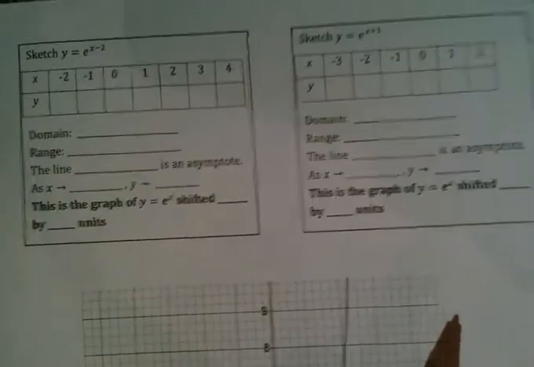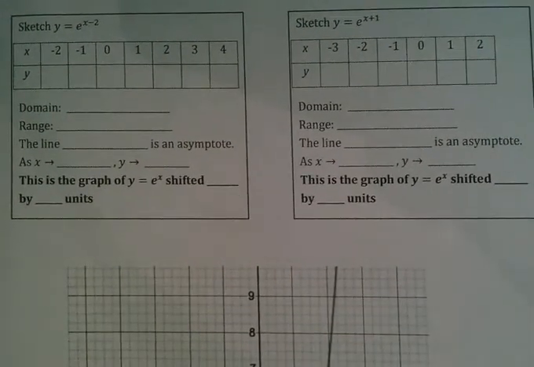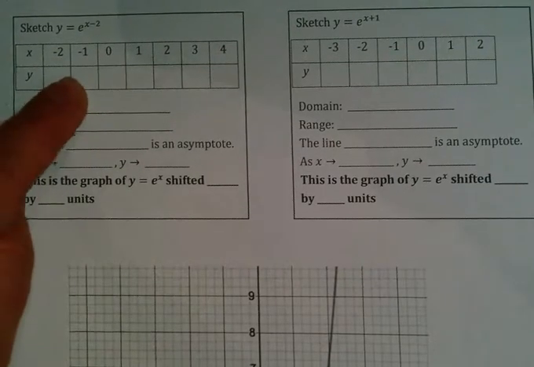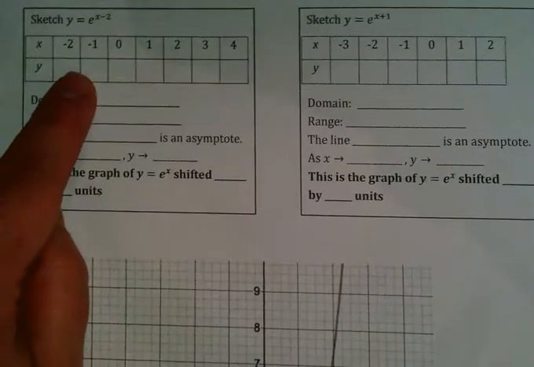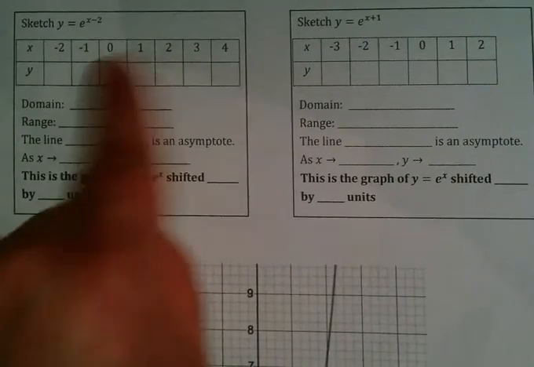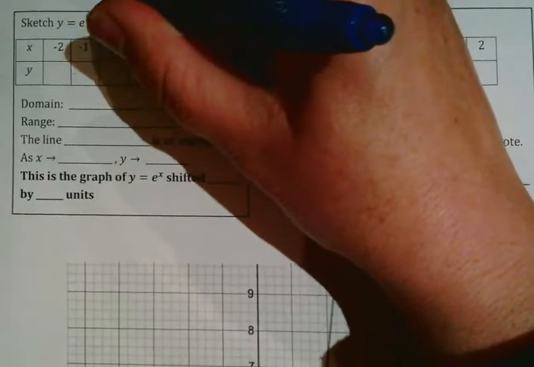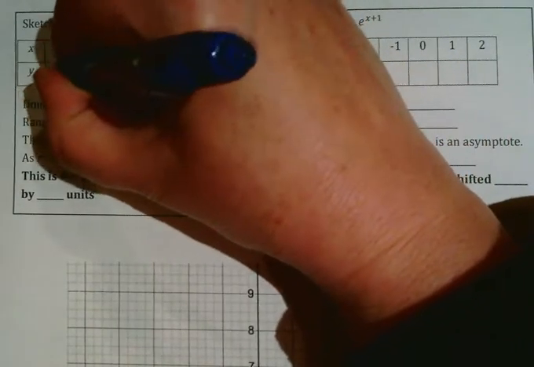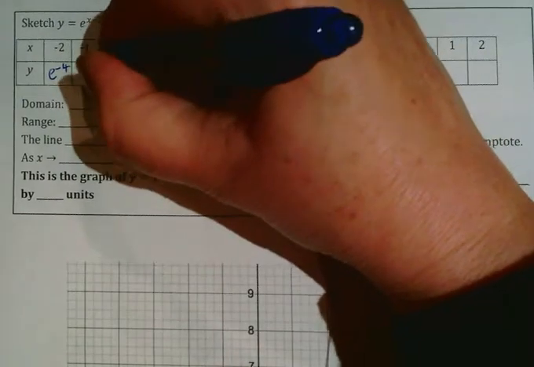On the next page, we've got some other shifts, and you should recognize these as sideways shifts. I've chosen the values here so that we'll get some nice values coming out. So when x is negative 2, we've got e to the negative 2 minus 2, which is e to the negative 4, or 1 over e to the power of 4. When x is negative 1, we've got negative 1 minus 2, that's e to the negative 3.